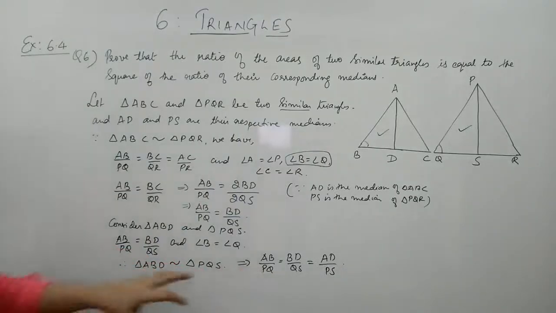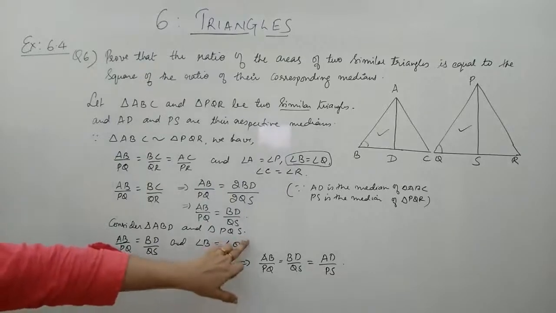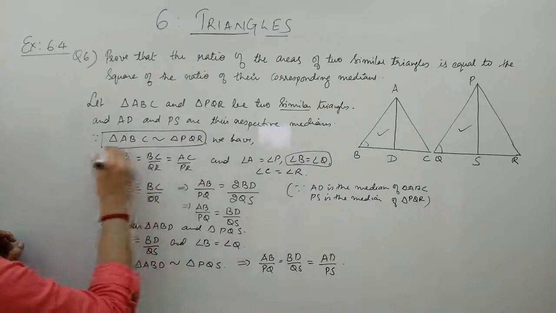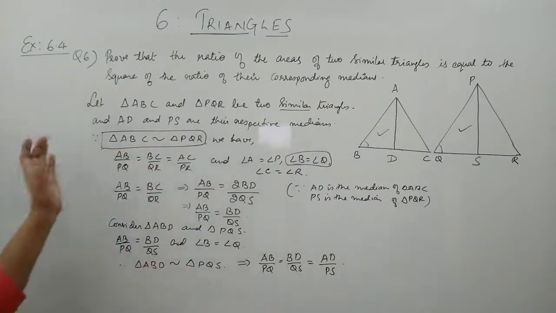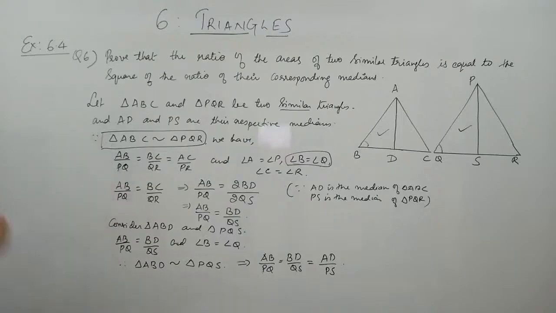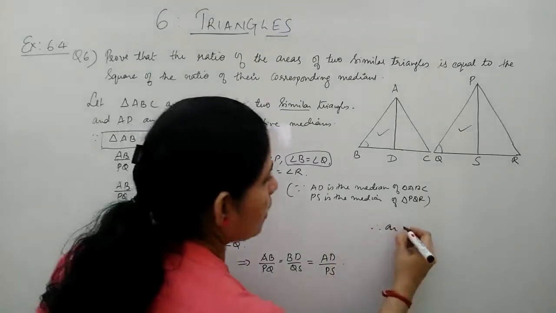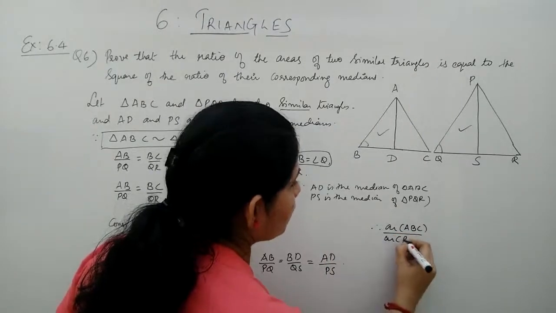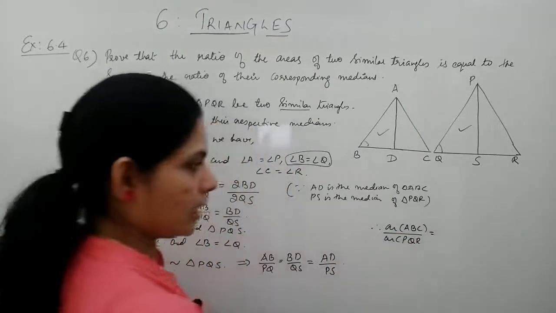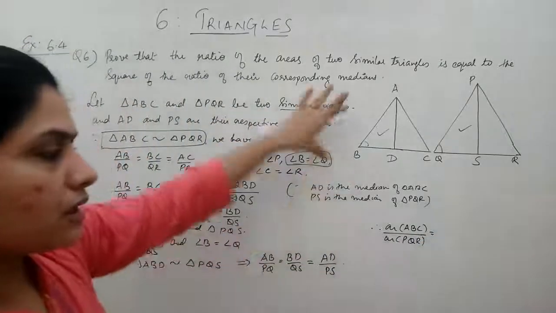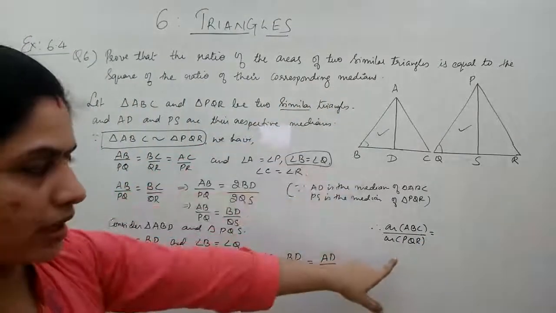Again, since these two triangles are similar as well as the main two triangles are also similar, you can use the concept of the ratio of the areas of the two triangles. Therefore, area of ABC by area of PQR will be equal to the square of the ratio of any corresponding sides, right?